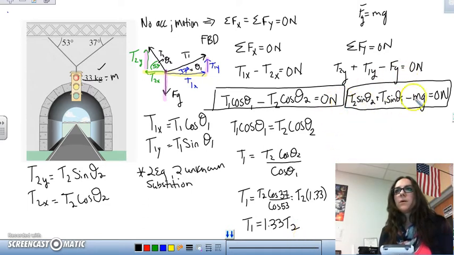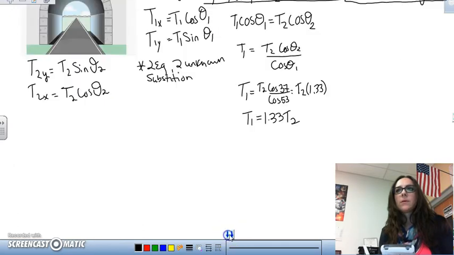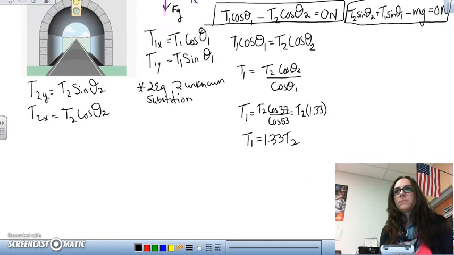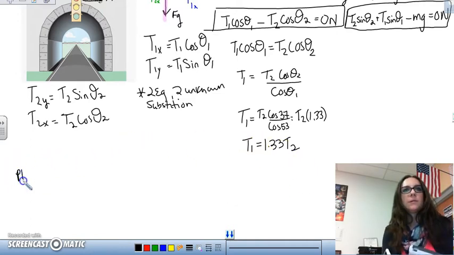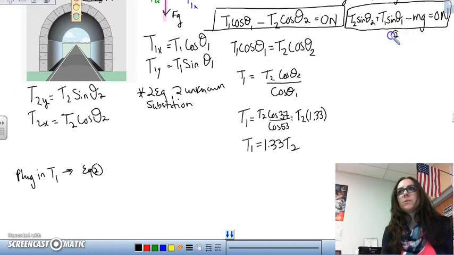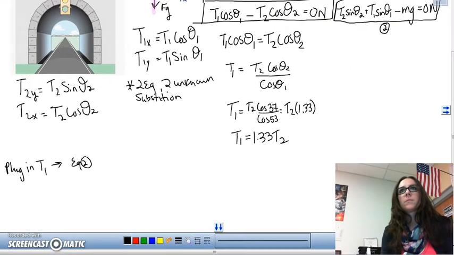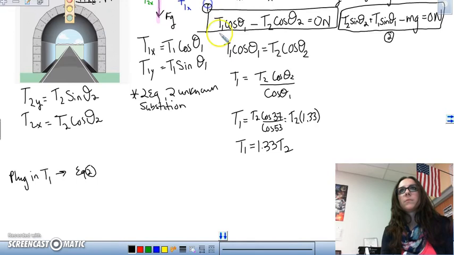Okay, so let's start with this one. Let's see, where do I have room? I'll go down. Leave that up there. So what I'm going to do is plug T1 into equation 2, if this is 2 and this is 1. There you go.